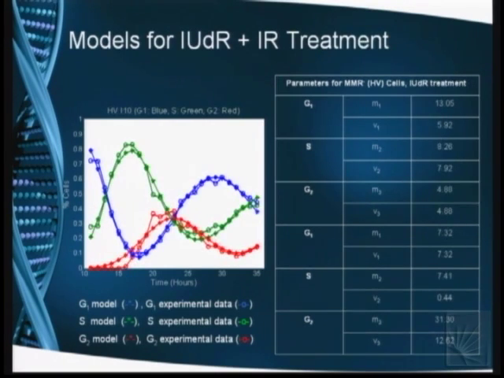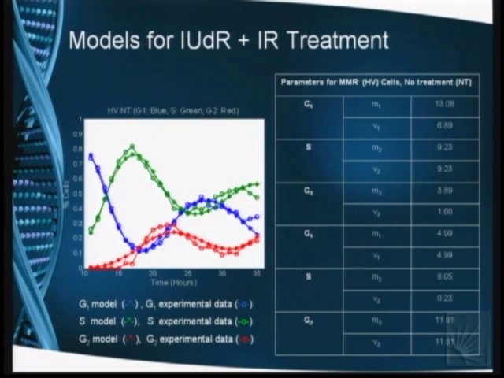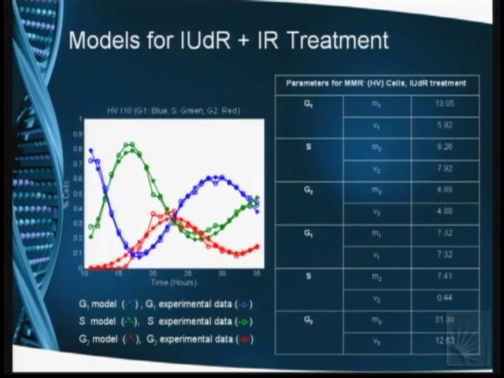And this one was the deficient cells, MMR minus cells, under no treatment conditions for longer data. And this is for deficient cells with IUDR treatment, and you can see that the model is pretty successful in fitting to the experimental data.